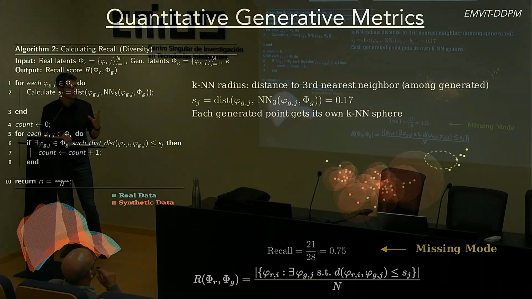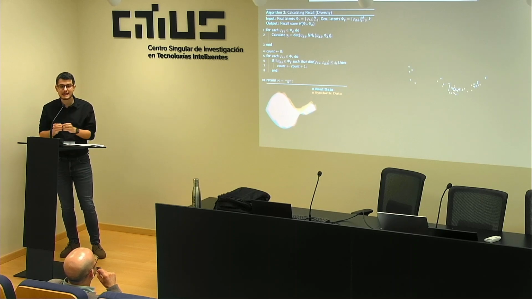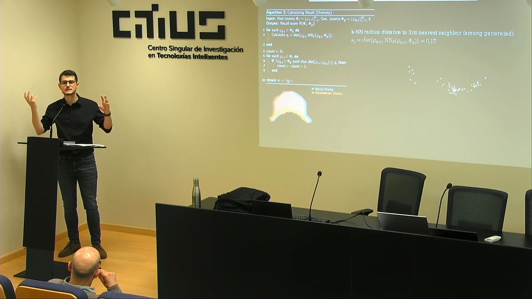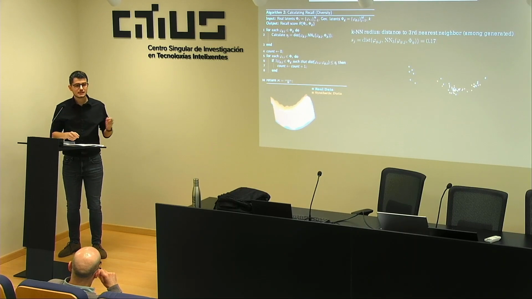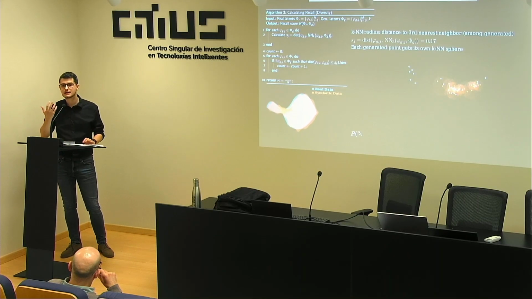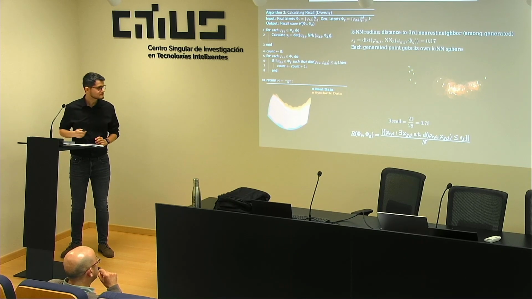With this idea in mind, if there are some samples that are present in our real dataset but are far away from our generated samples, this decreases our recall measure, which captures this idea of diversity.